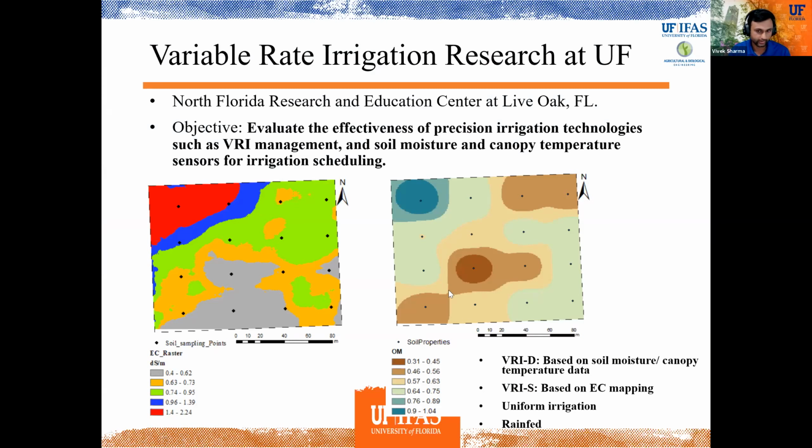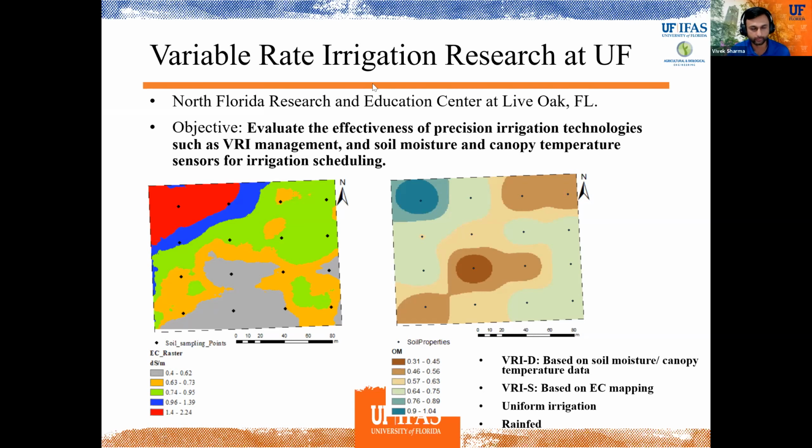Recently, last week, we did a lot of soil sampling and EC mapping that shows the variability of soil, like electrical conductivity on the left map. On the right map, we have the organic matter variability within the field that allows us to select various zones within the field.